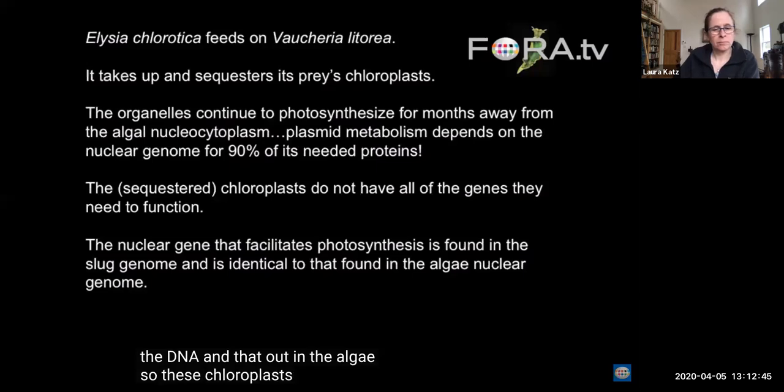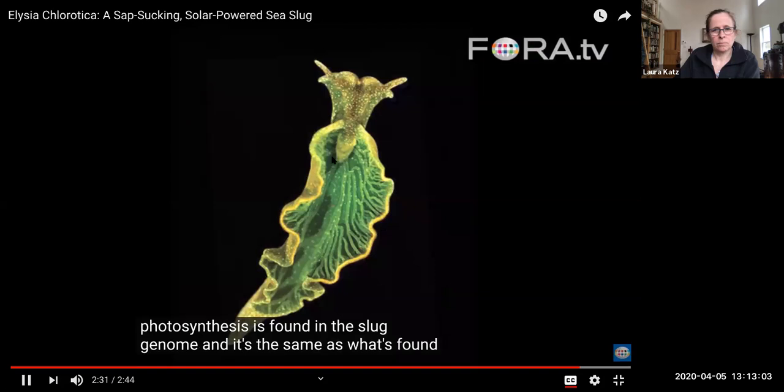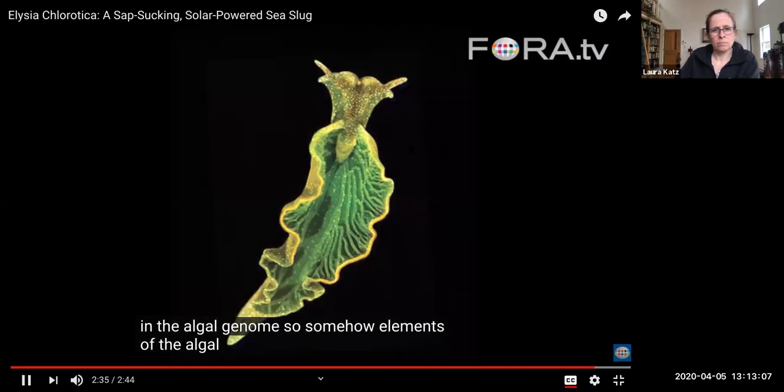So these chloroplasts are in the slug, but they don't have all the genes they need to function, to photosynthesize properly. So recently it's been found that the slug genome has the nuclear gene that facilitates photosynthesis, and it's the same as what's found in the algal genome. So somehow elements of the algal genome have been transferred to the slug.